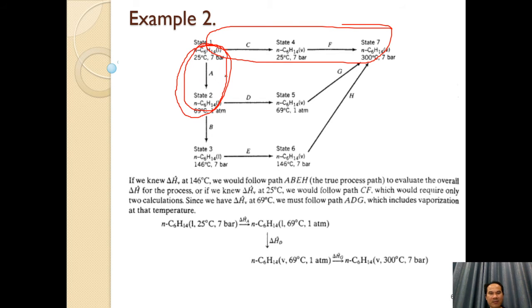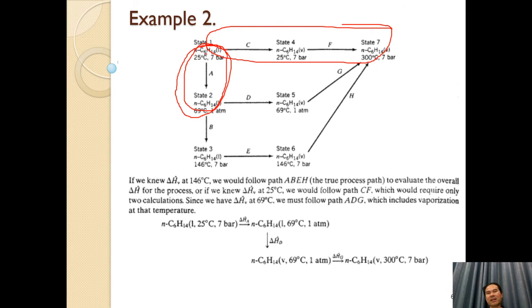For part A, we have two steps. We decrease the pressure from 7 bar to 1 bar or approximately 1 atm at 25 degrees. For this constant temperature change in pressure, for liquid phase it is equal to 0 for delta S, delta U.